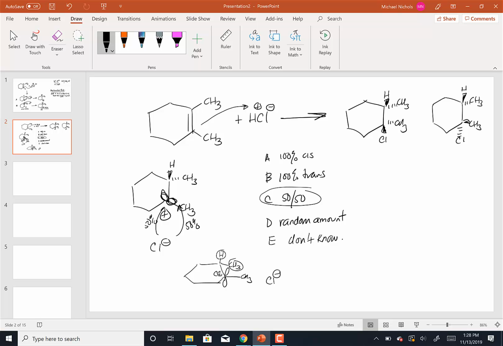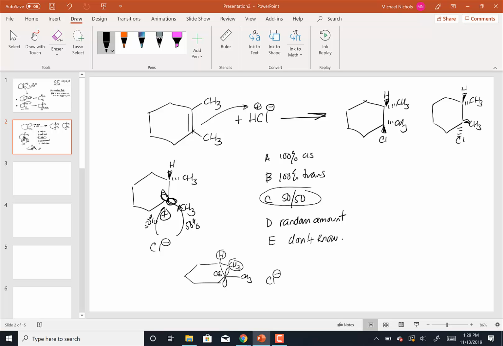And so that gives us the potential of four different products. If adding top and bottom and then switching the groups makes a difference, I could end up with four different products. Markovnikov versus anti-Markovnikov, 100% cis versus 100% trans. So I'm always going to be looking at the possible products, but for some reactions, it's only going to give one combination. In this case, anytime you have a carbocation, it's going to give you 50-50 cis trans.